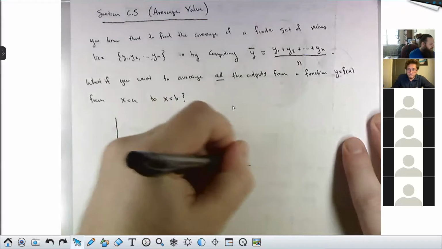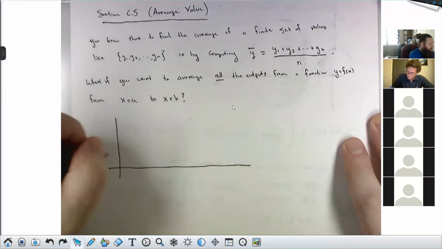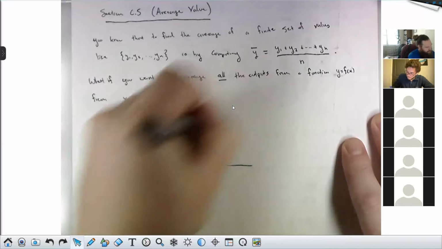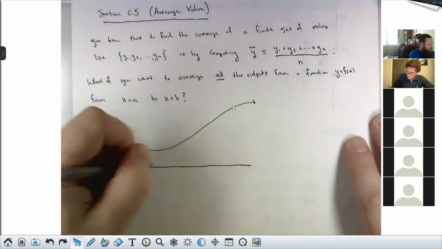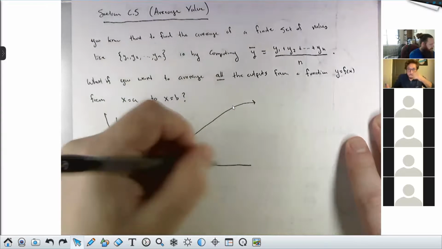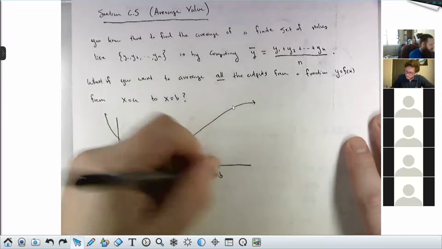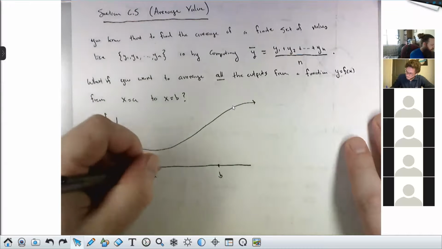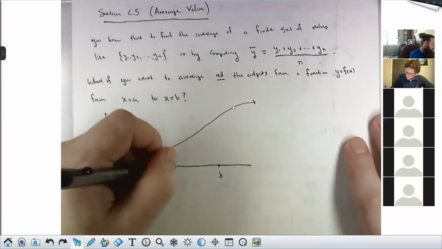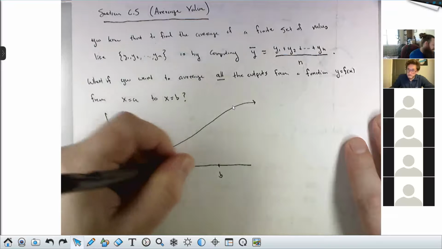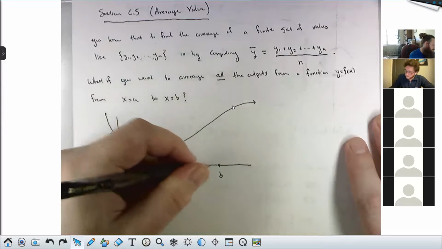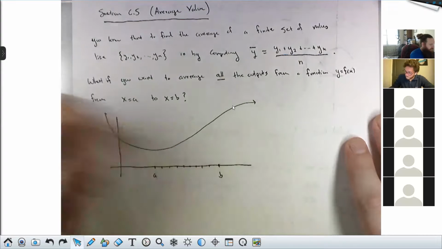But what I could do is take a sampling. Maybe a is over here, and b is over here. I could chop up my interval into subintervals, right?